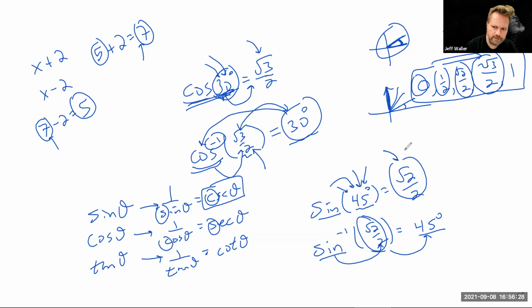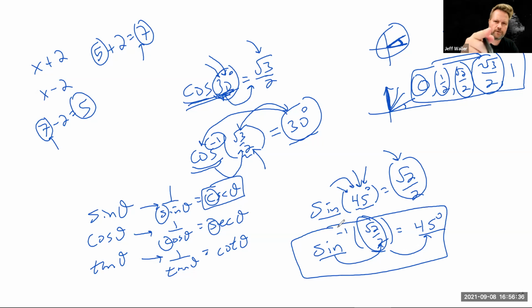The output is a number. So for an inverse trig function, the input is a number, and it gives you the angle that would give you this number. It undoes. Yeah, that makes a lot of sense now.